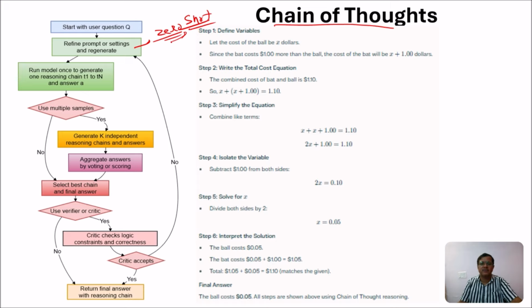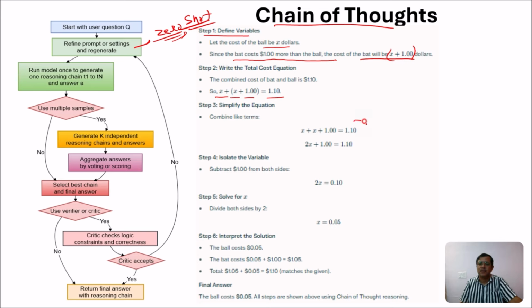We can use few shot also. So define the variables. First we define that the cost of the ball is $X. And since the bat costs $1 more than the ball, the bat cost will be X plus $1. And write the total cost equation: X plus X plus 1 equals 1.10.